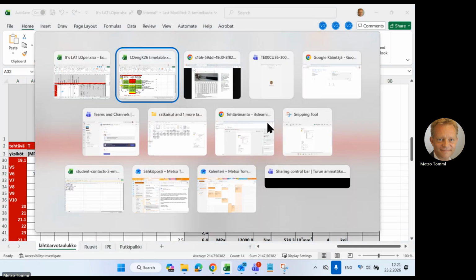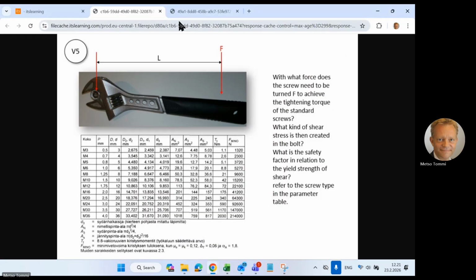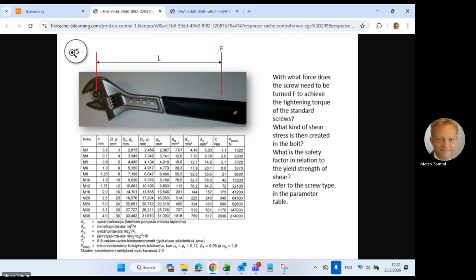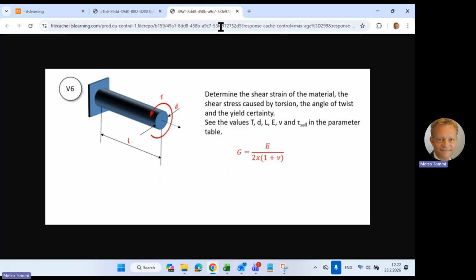Let's see. Yeah. So the parametric table values are from the rows V5 and V6.